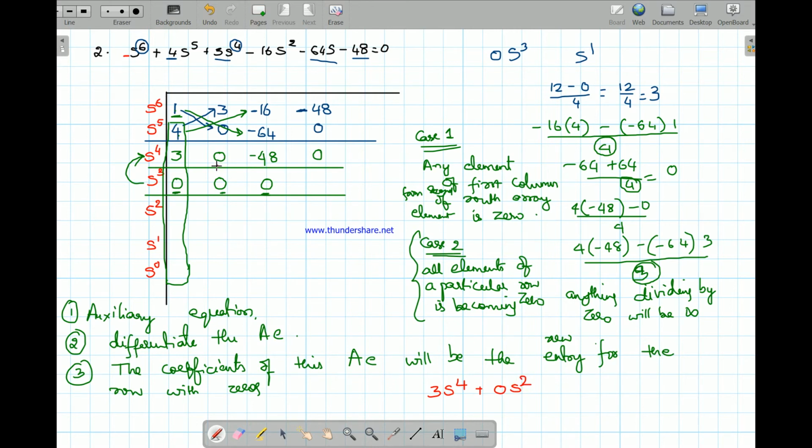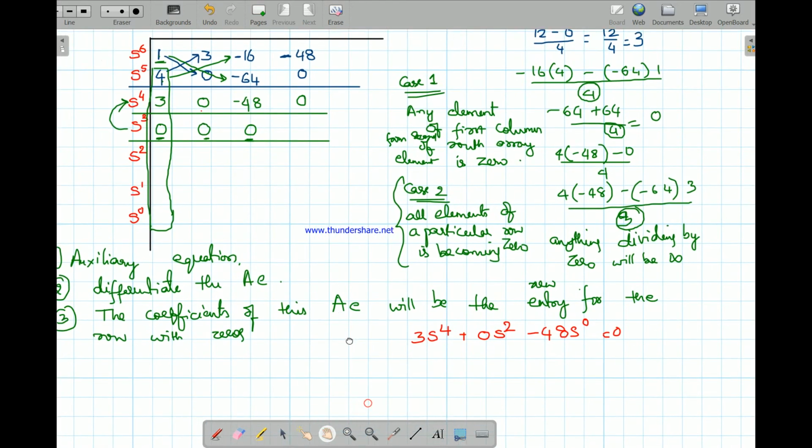Every time I told you it should be even powers. So s to the power of 4 multiplied with 3, the next even power is s square, the next is s power 0. So it is minus 48 into s power 0 equals 0. This is your auxiliary equation.